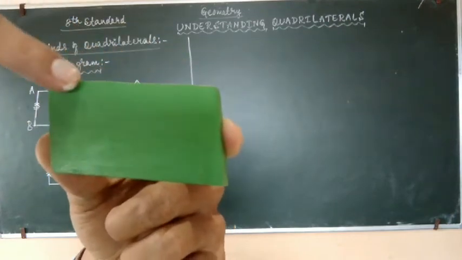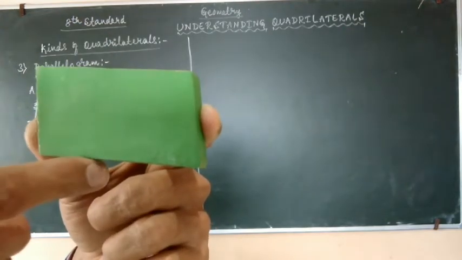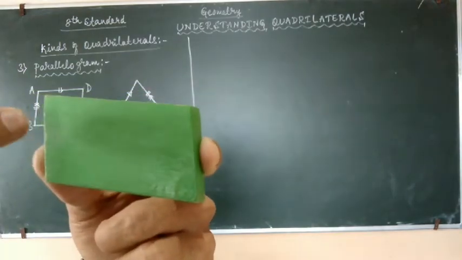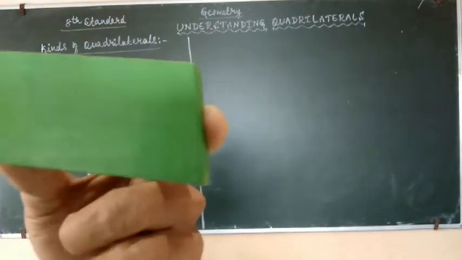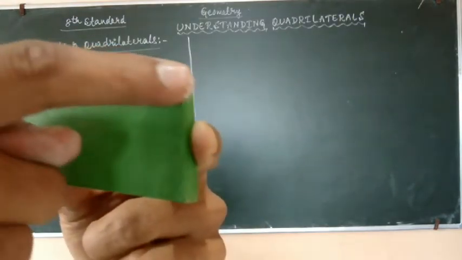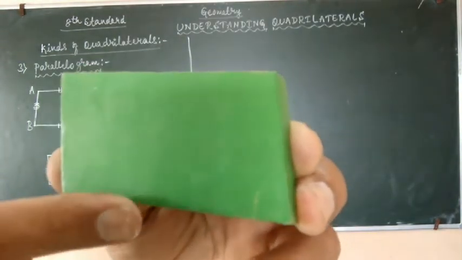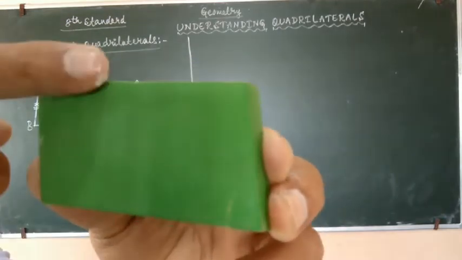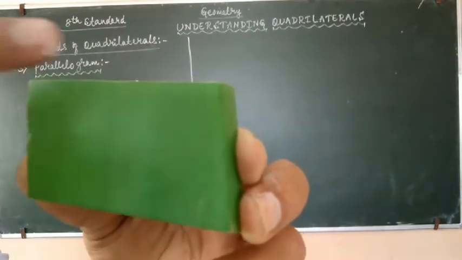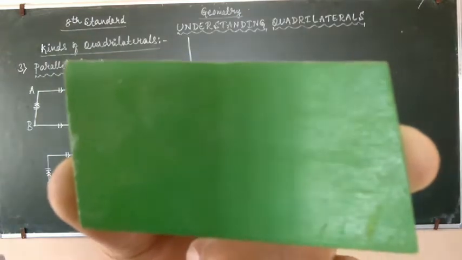This line is equal to this line, and also they are parallel. Similarly, these two sides or lines are equal and parallel. This is a quadrilateral having four sides, and the opposite sides are equal and parallel. So therefore it is a parallelogram.